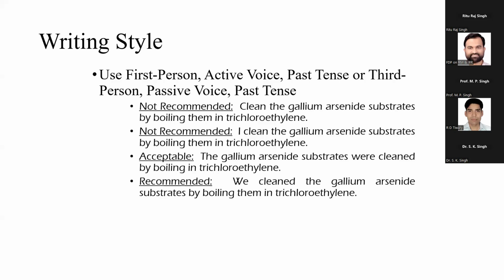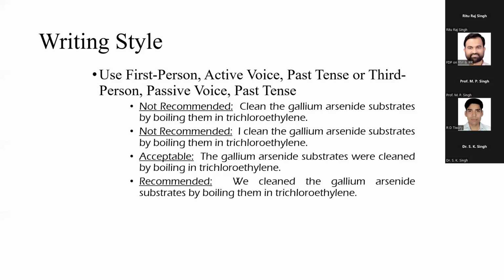Let's try to understand with the help of an example. One version: clean the gallium arsenide substrate by boiling it in trichloroethane. The second is writing the same thought, the same idea; a second person may write, I clean the gallium so and so.